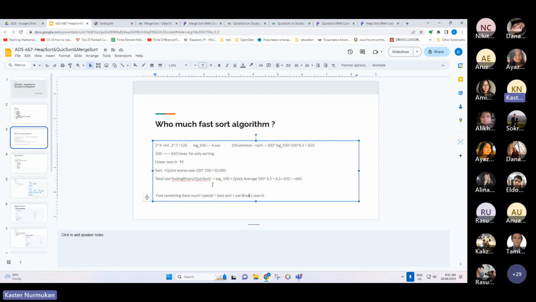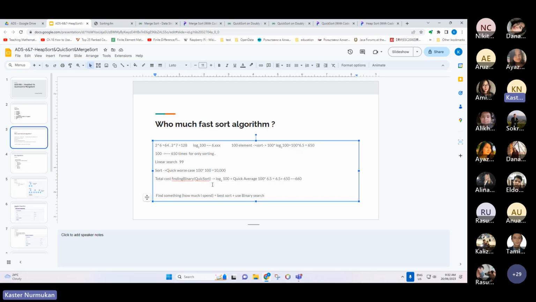Okay, that's interesting. But if I take a little bit bigger data set, let's say 1 million elements, right? With 1 million elements, trying to find with linear search, the worst case is approximately 1 million times, right?